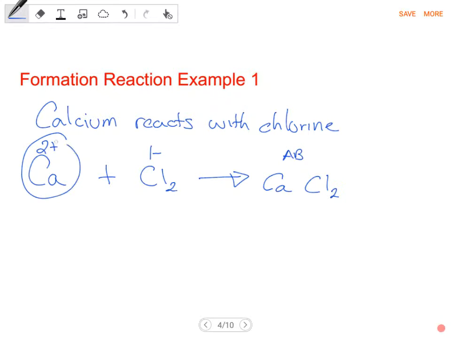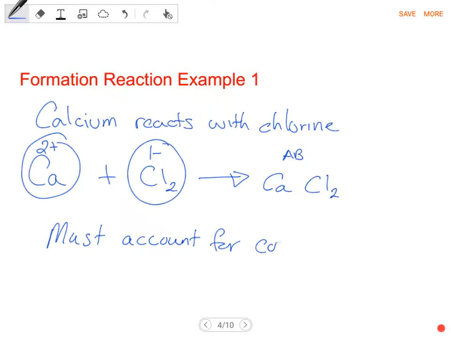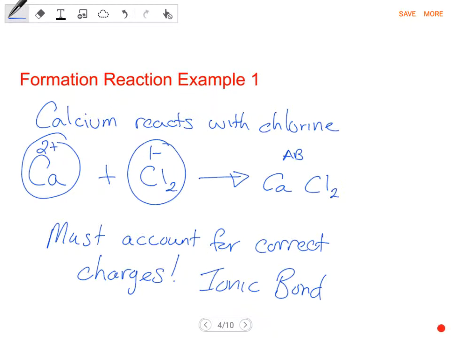We took our A, we took our B, we put them together, but what did we have to account for? Must account for correct charges. This was an ionic bond. We could even name this. That would be calcium chloride.